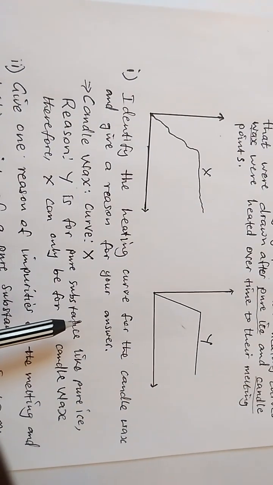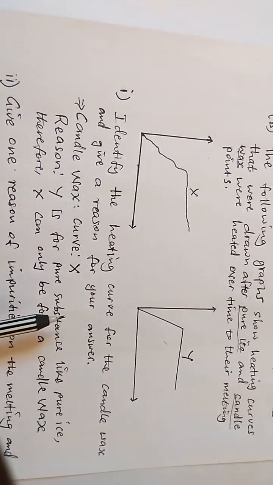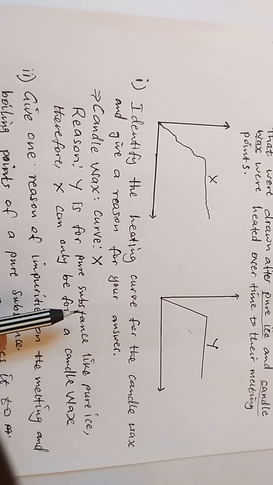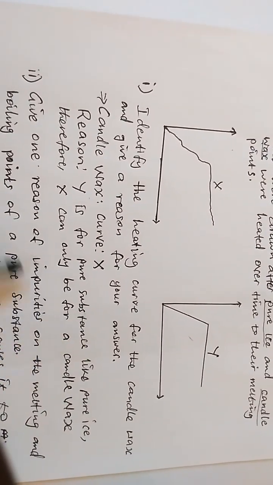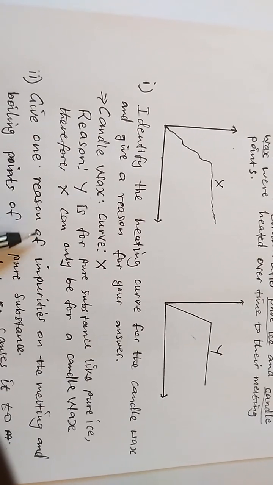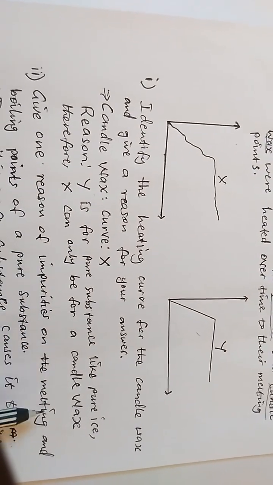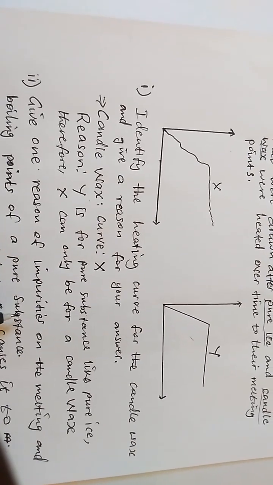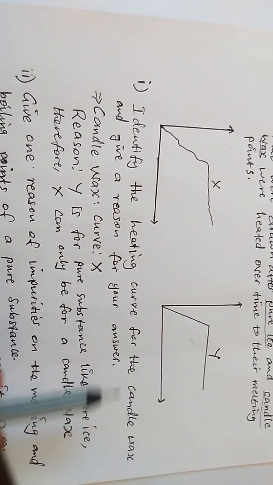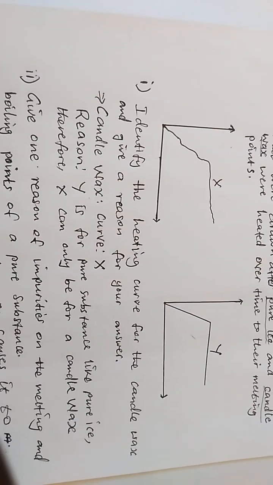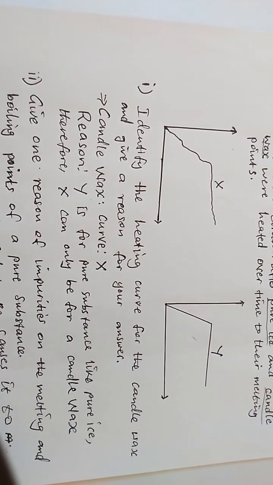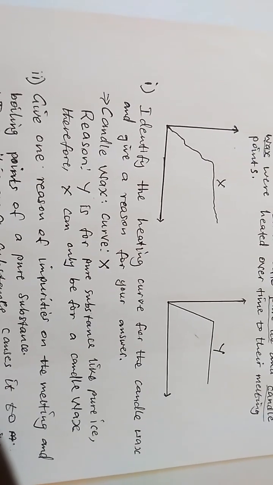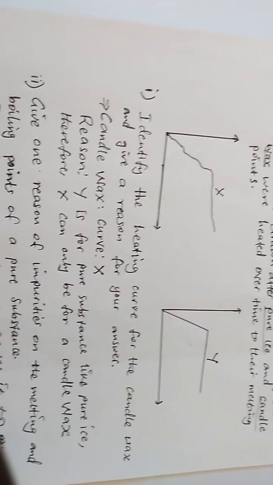Then we come to the second part of part B. Give a reason of impurities on the melting and boiling points of a pure substance. Practically, the boiling point of water is 100 degrees Celsius.